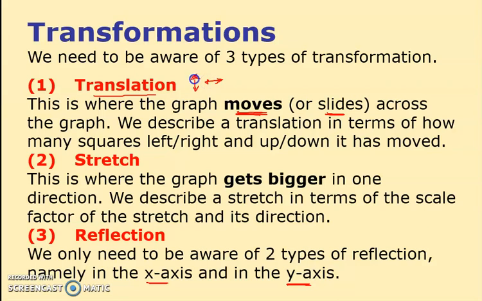You need to know both. There were 2 stretches. One was a stretch up and down, one was a stretch left and right. There were 2 reflections. One was a reflection up and down, one was a reflection left and right. So we've got to get our heads around all of these. And critically, when it's left and right, it will always have something to do with brackets.